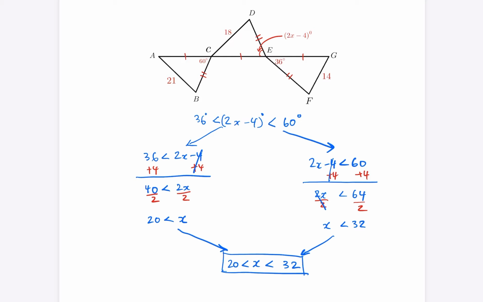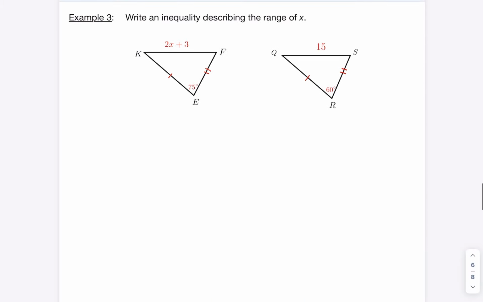All right, so let's go ahead and move on to example 3. Here we're going to write an inequality describing the range of x. So here we've got two different triangles going on. And we see that this side, KE, is the same as side QR because of the single hash mark.